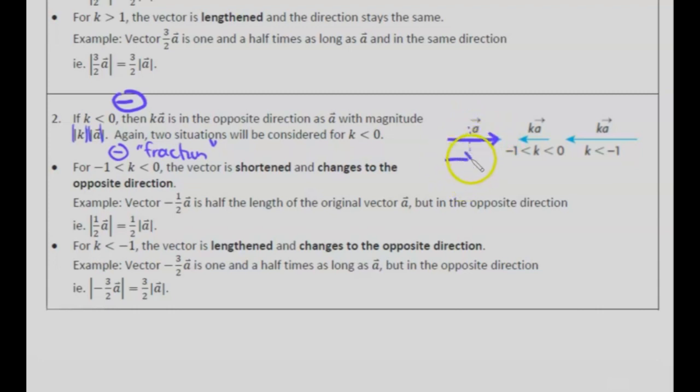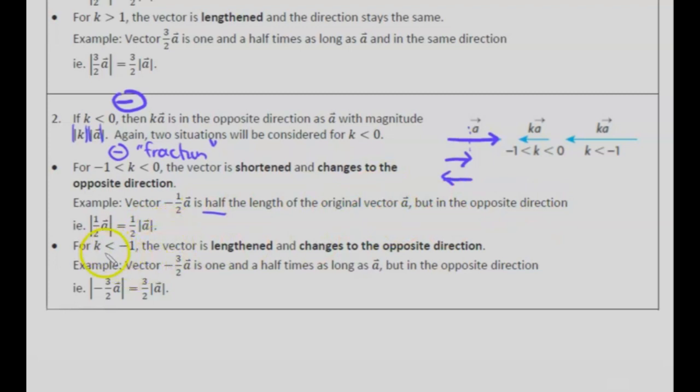We would usually have this be 1/2 vector A, but because we're dealing with the negative, it changes direction. So for example, vector -1/2 A is half the length of the original vector in the opposite direction.